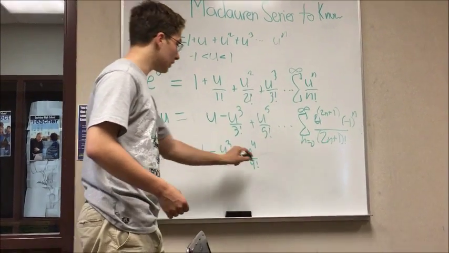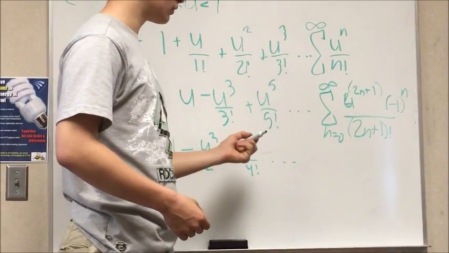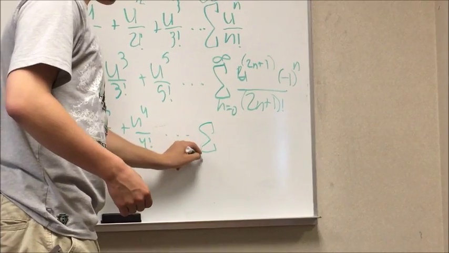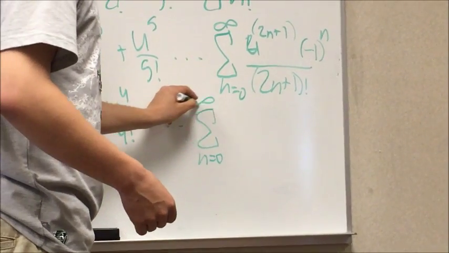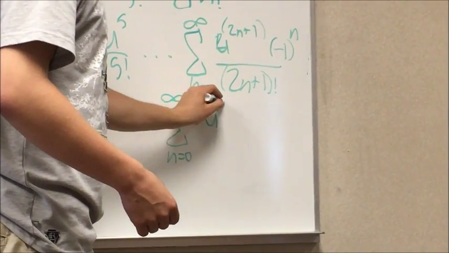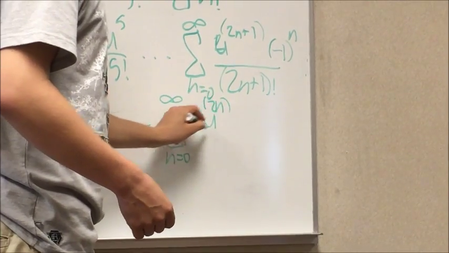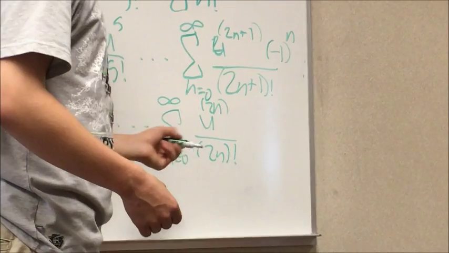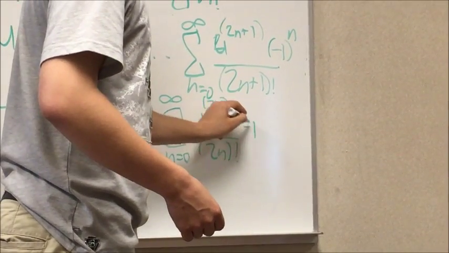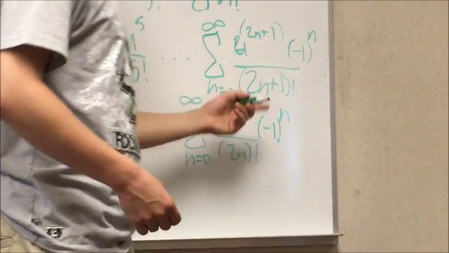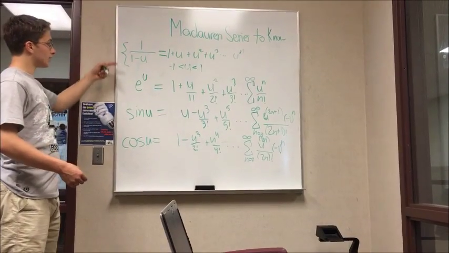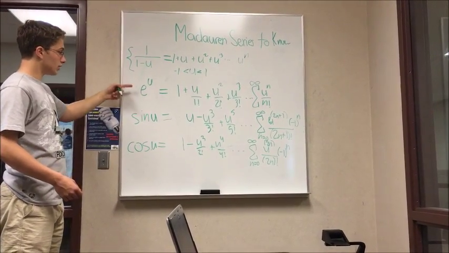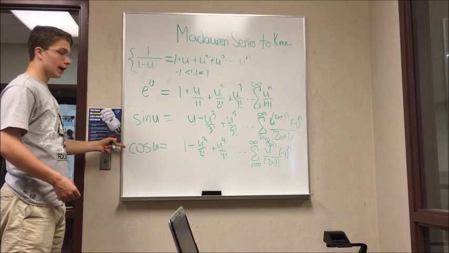This sort of pattern goes on until we receive a general term very similar to this of sigma n equals 0 to infinity of u to the 2n over 2n factorial, multiplied by the same alternator of negative 1 to the n. There you have it. The 4 main functions that you should memorize and learn: 1 over 1 minus u, e to the u, sine of u, and cosine of u.